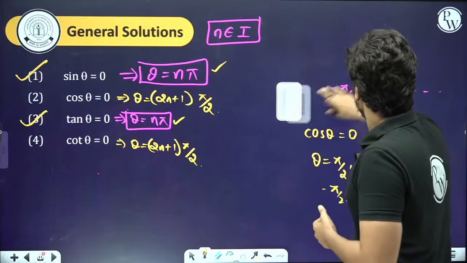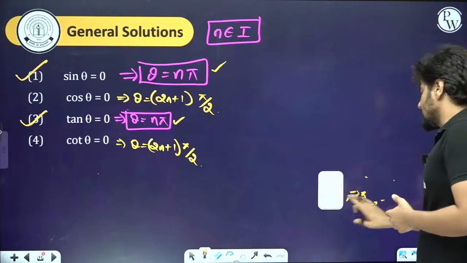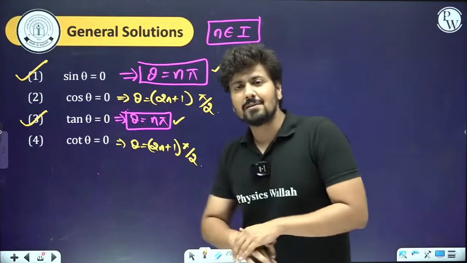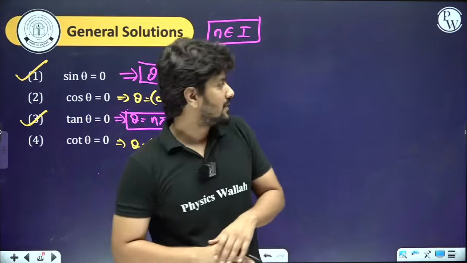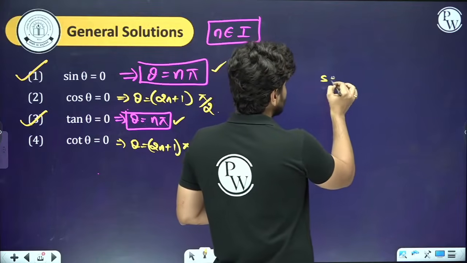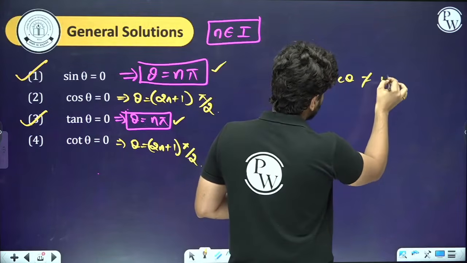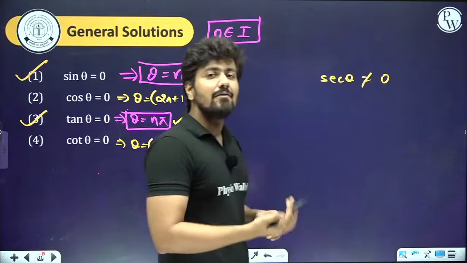Now you might have this question, sir, where does sec theta and cosec theta become 0? We know that sec theta is never equal to 0. Cosec theta is never equal to 0.